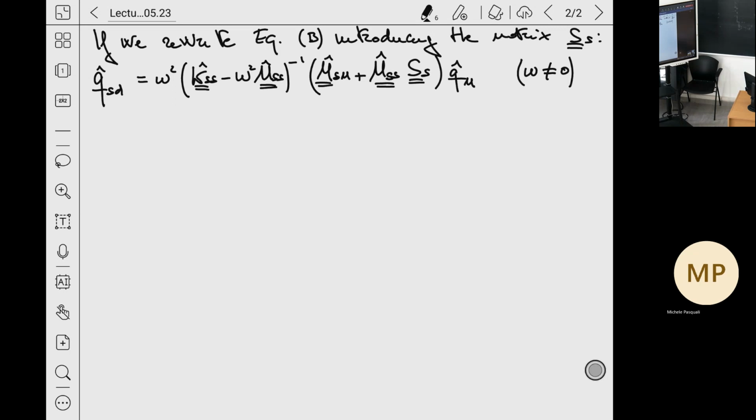Now you see that the hypothesis of the Guyan iron method is to consider that this Qsd is equal to 0.